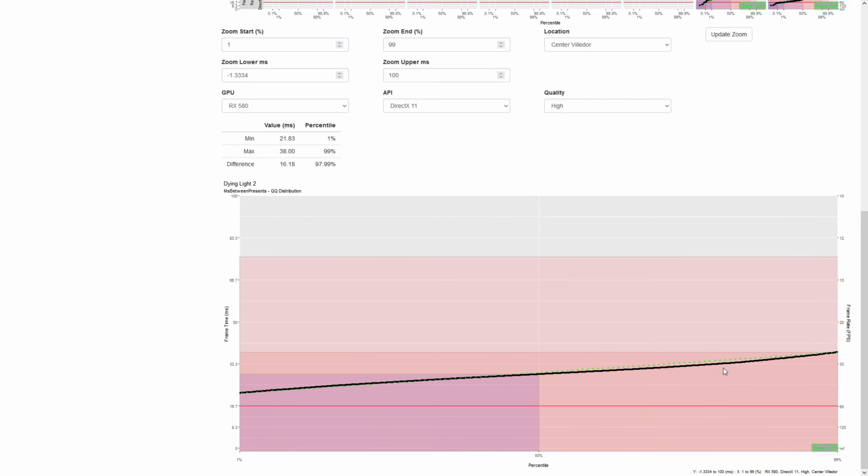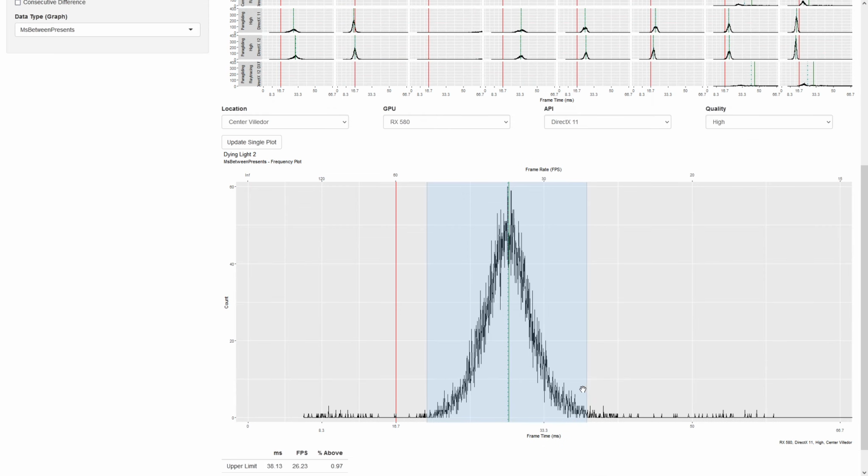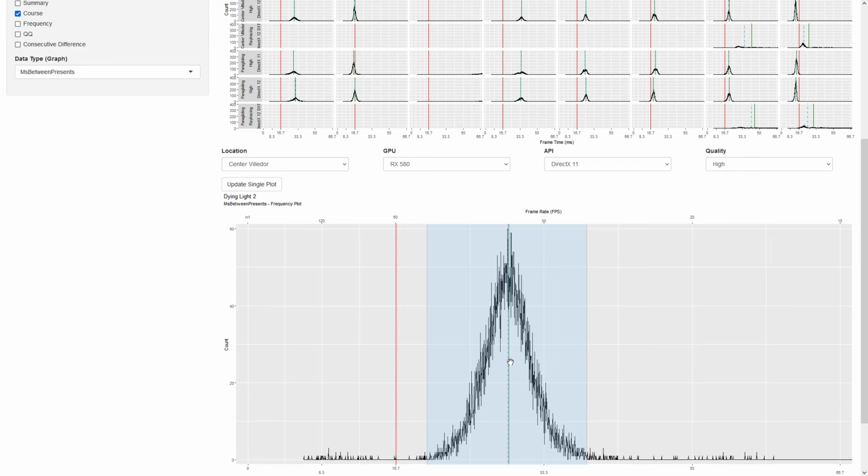The slope of the line here would be directly related to the width of this distribution. Just to help explain how the QQ plot that I use works: the narrower this is, the less that slope is, and therefore the less that slope is, the narrower this is. So we do want that. But this is still not terrible.